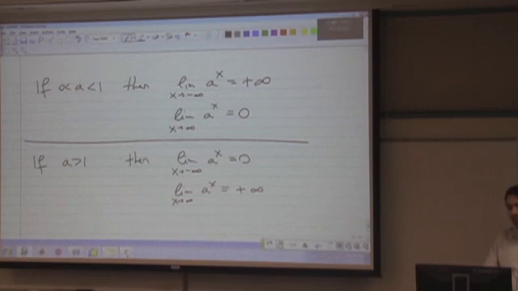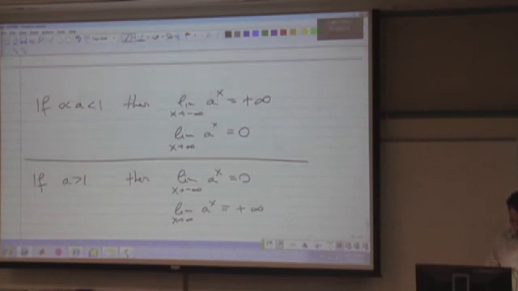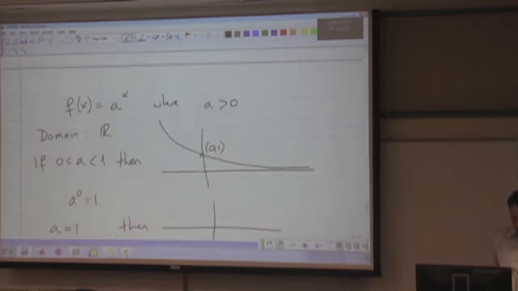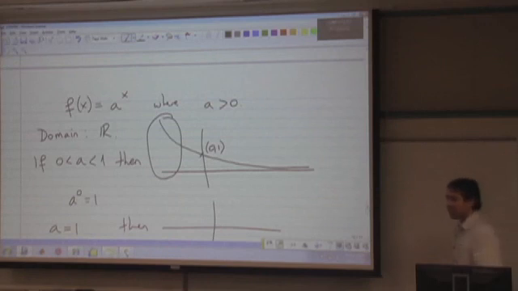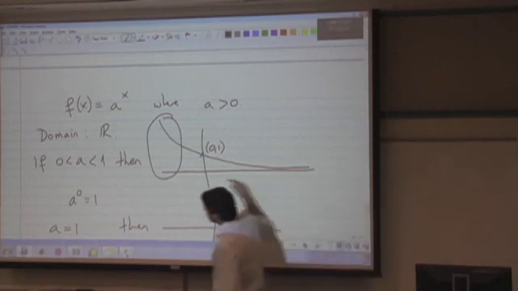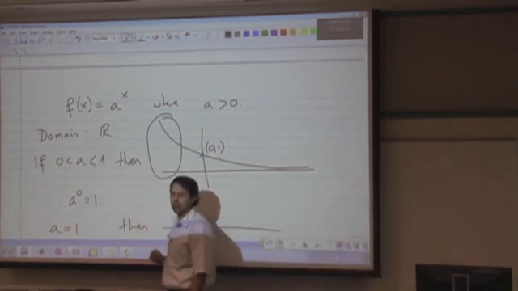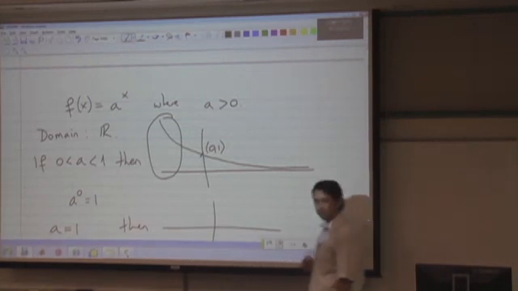Is this making sense? To the left. X goes to minus infinity means we're shooting this way. Right? Is this making sense?